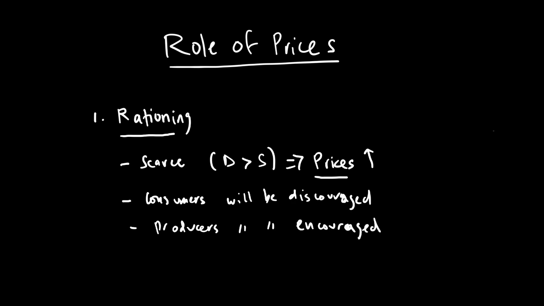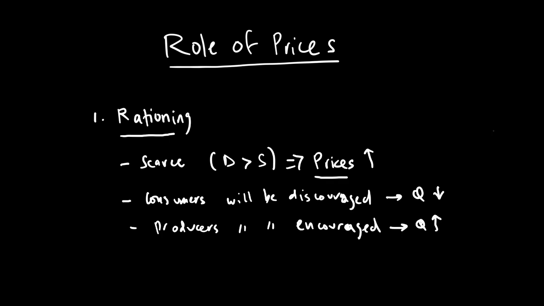On the consumer side, it is discouraging consumers from consuming more, so they will be cutting down on the quantity demanded. On the other hand, the price rise will encourage producers to produce more, and that will result in quantity going up. This in turn will result in what we call an equilibrium, where quantity demanded will equal quantity supplied.